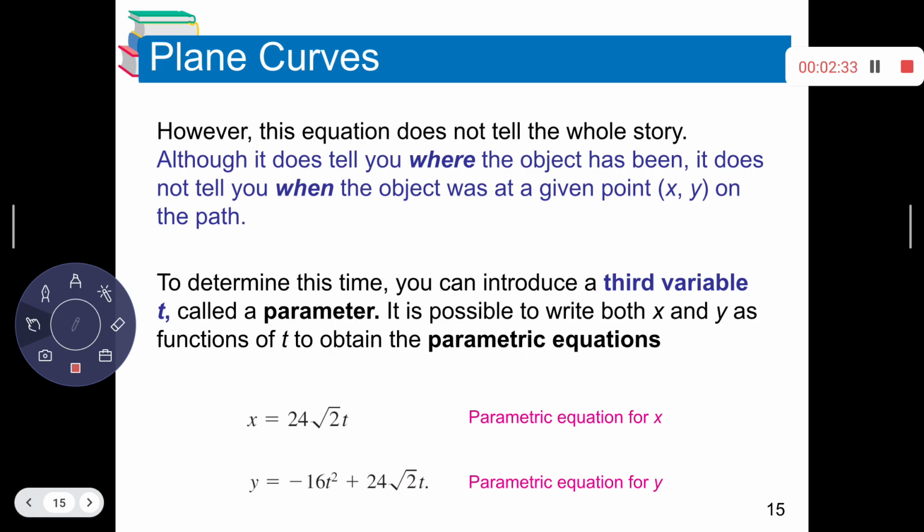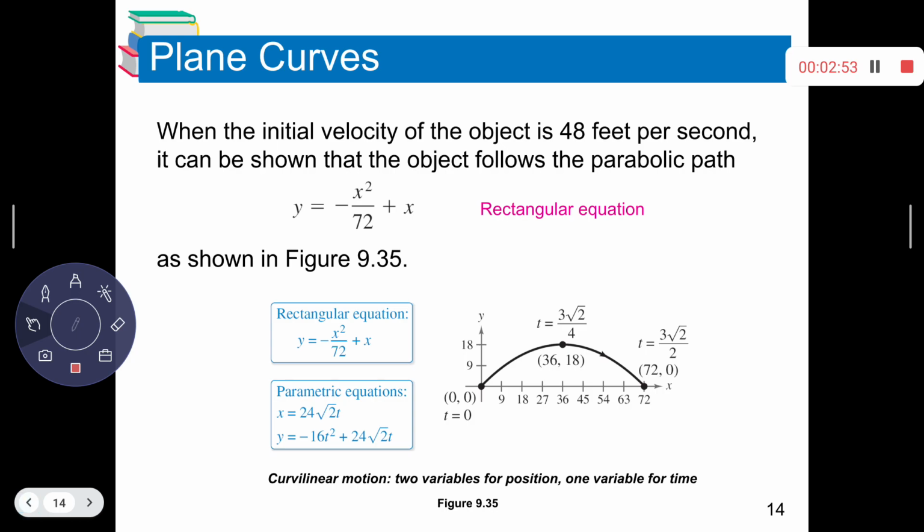Now, if you think about it, this equation does not tell you the whole story, although it does tell you where the object is. So I could figure out the x and the y and figure out where it was. But what I could not figure out was when it was at that point. So if you go back here, I know this is its position, but I don't know when it's at that position.